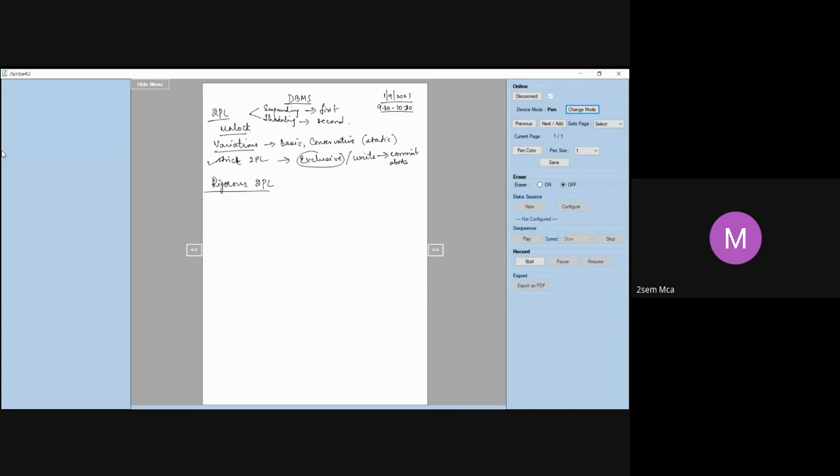In rigorous 2PL, a transaction will not release any of the locks, either shared locks or exclusive locks. None of them will be released until it commits or aborts.